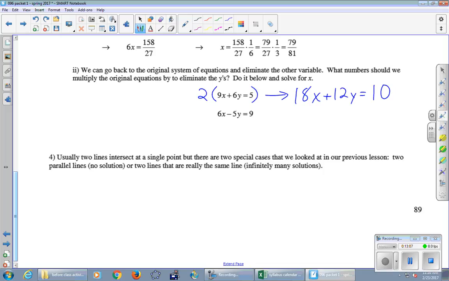And then I'm going to multiply both sides of this equation here by -3. So what do we get first? Negative 18x, and then plus 15y equals negative 27.